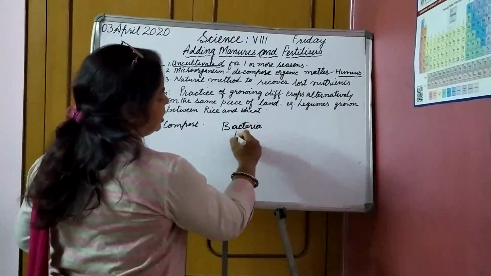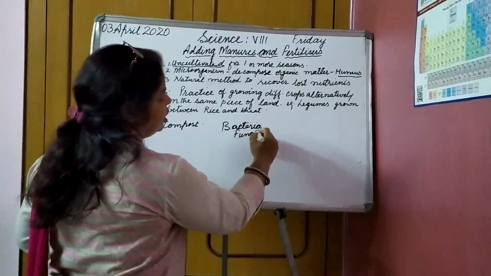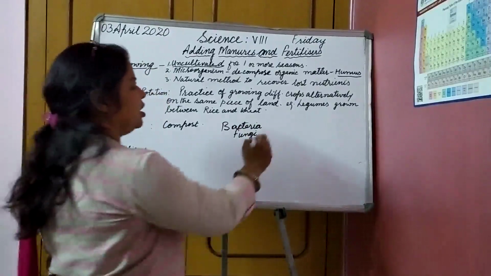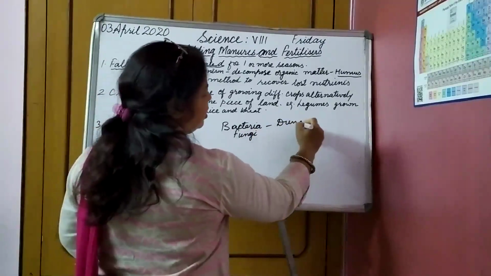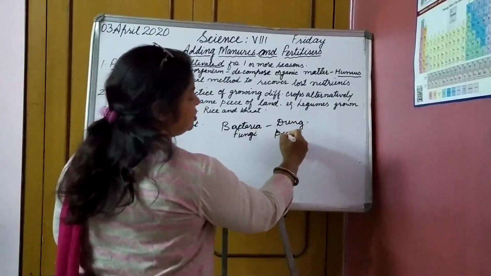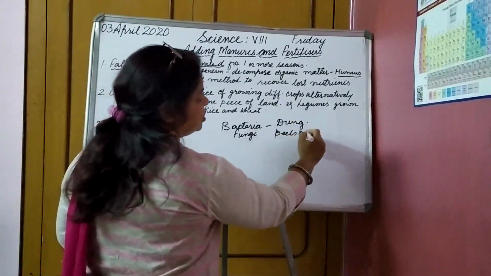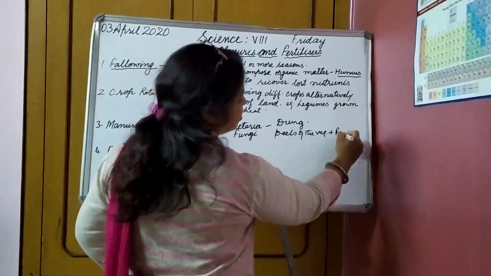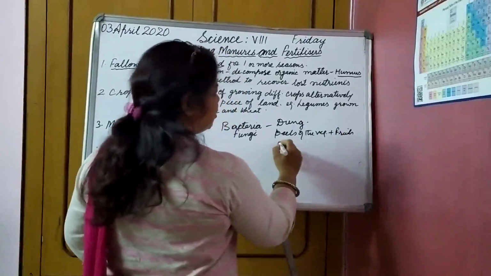What will they do? Bacteria and fungi are going to decompose the dead organic matter. It is not that only dung is there. It can be any organic waste like peels of vegetables or fruits. It can be some rags.